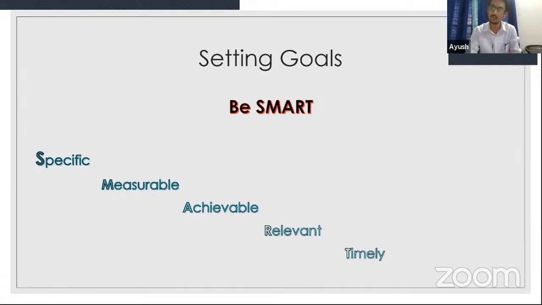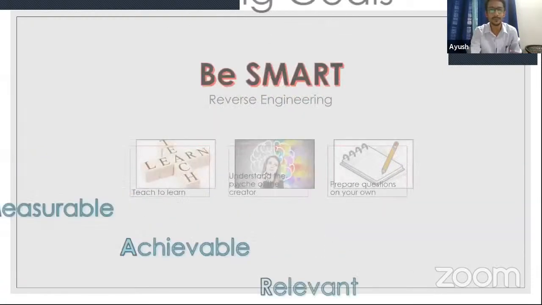In GK, again, you may want to study current affairs. Again, you may want to study international affairs. So be specific. Then measure how much you have studied, right? It should be achievable, which means don't make it unrealistic. Then relevant. It should serve some purpose, and in the end, there should be a deadline. I hope you're following till now.